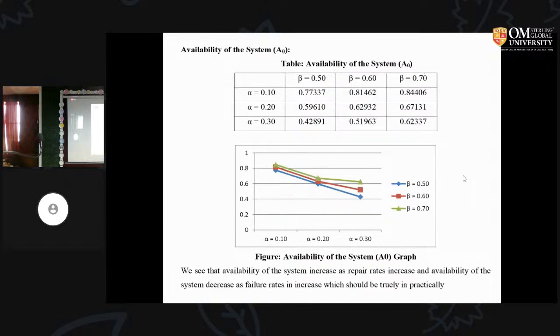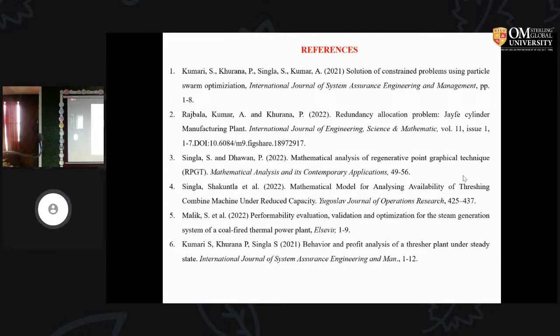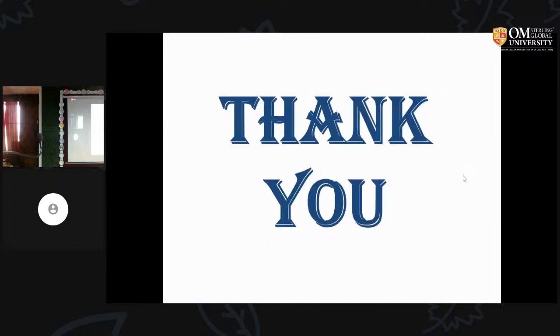Similarly for availability of the system, if I fix the beta value, we can see as alpha increases, the availability will increase. Again with beta 0.60, 0.70, we can see that these values increase with the increase of alpha value. So here are the references. Thank you.